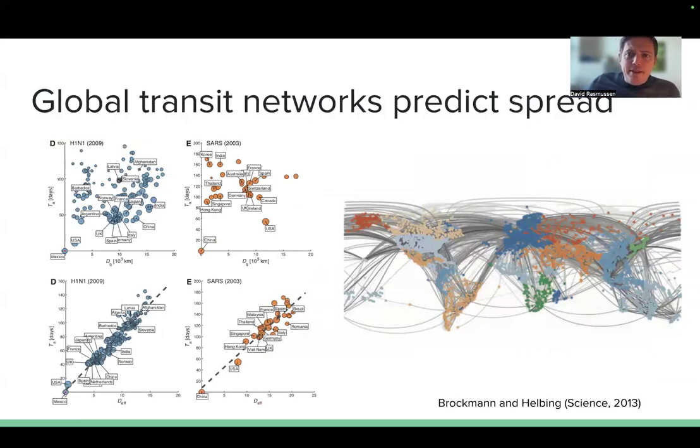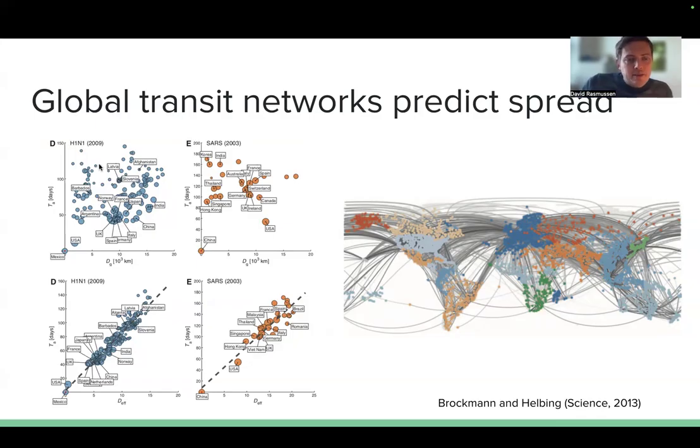So this actually turns out to be a common theme, at least for human respiratory viruses, where the actual physical distance between locations is often a very poor predictor of how quickly pathogens will move between different locations.